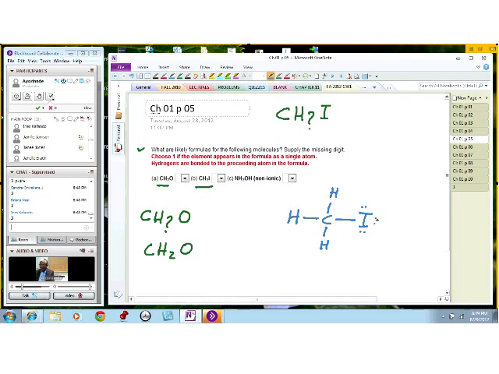It has 3 pairs of non-bonding electrons. That makes 6, and then you have 2 electrons here. That makes 8. So the octet is satisfied. So in this case, this question mark should be 3. And this question mark, of course, we know is 2.